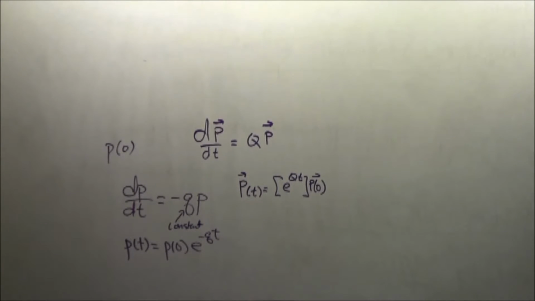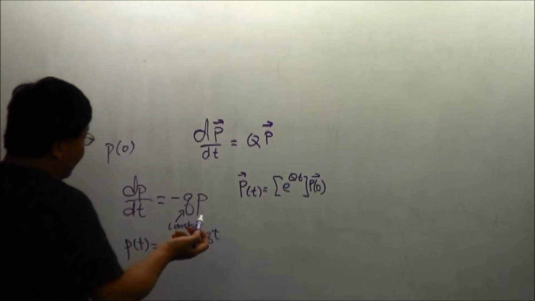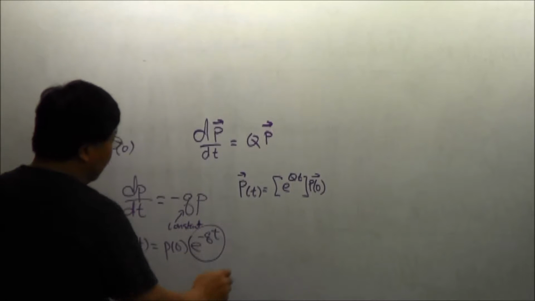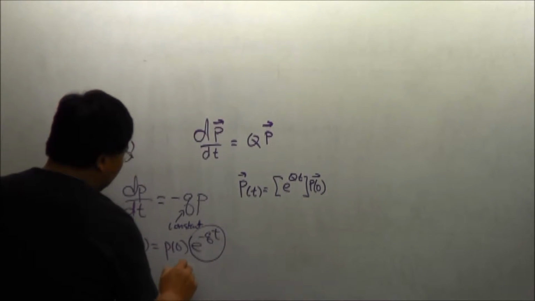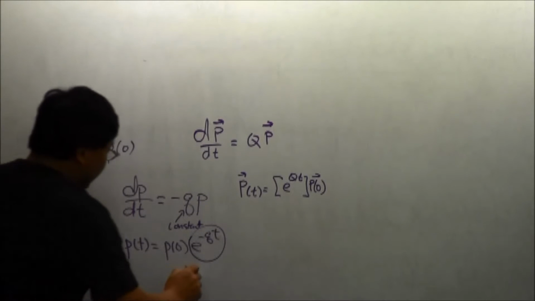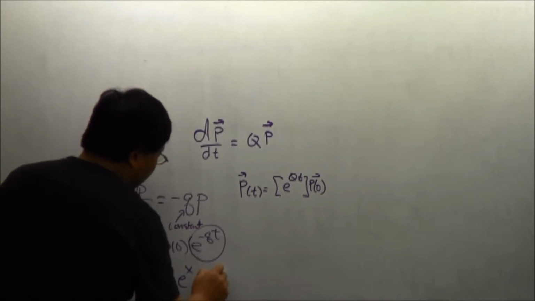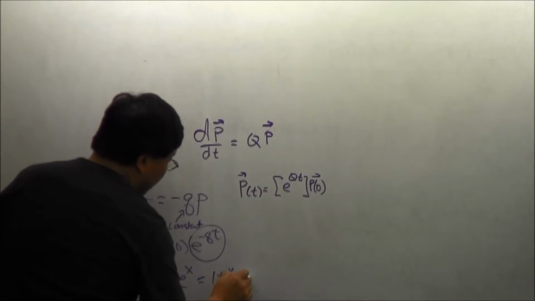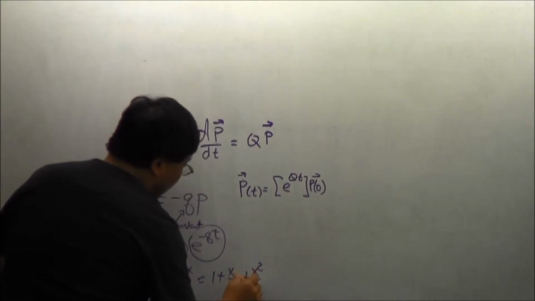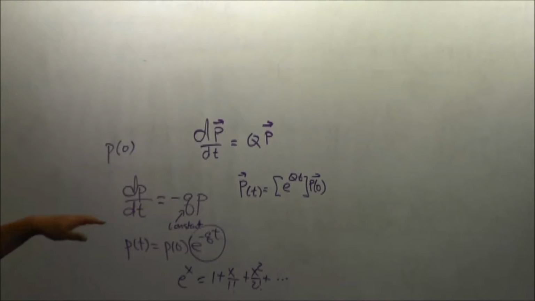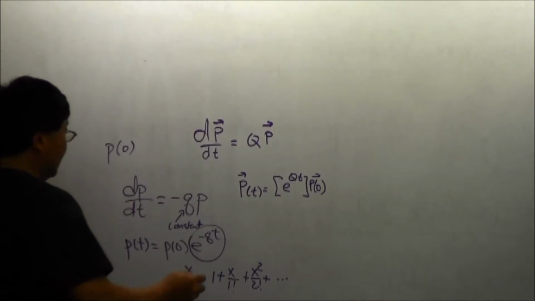So, well, what is e to the x? One way of determining it is its series definition. So because the laws of algebra work out, what is the matrix exponential?